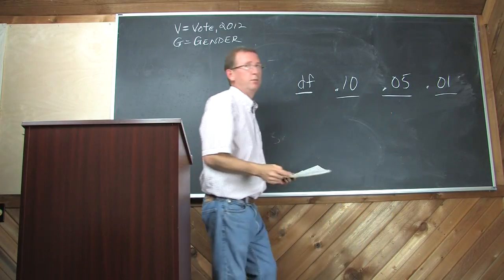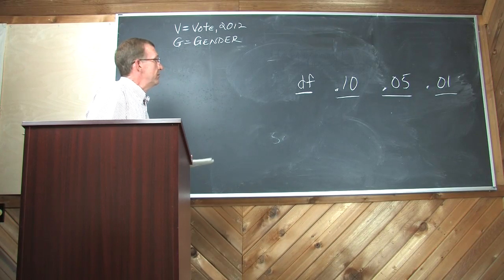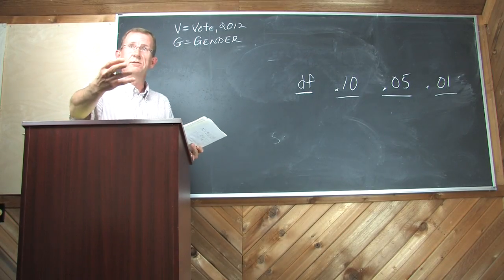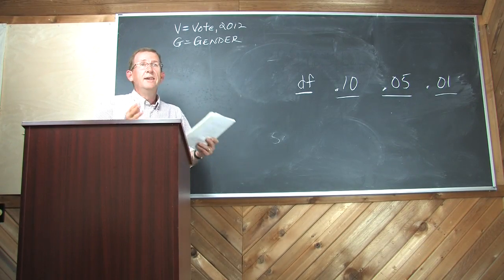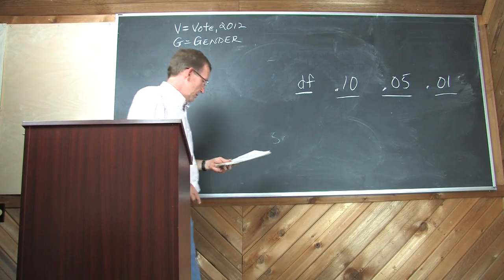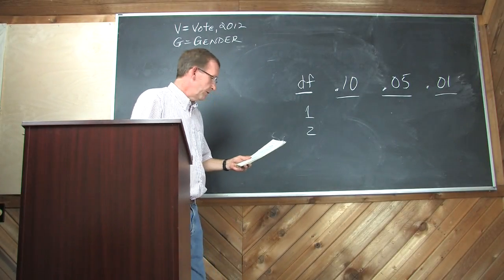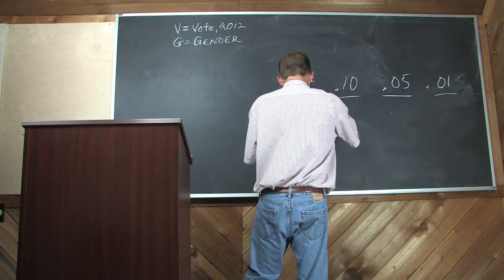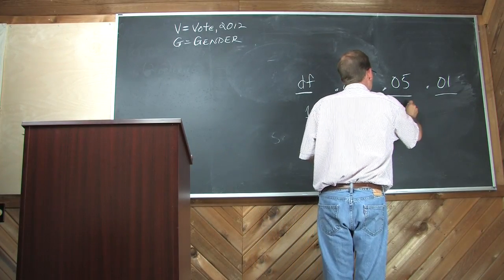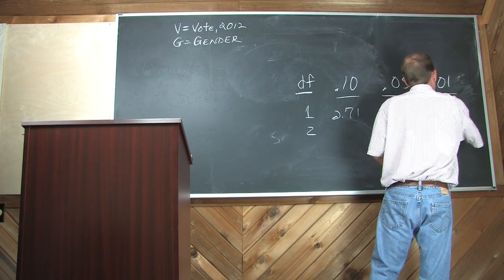Seen that kind of 4.05, the traditional rule of thumb way to say something is statistically significant, that we are going to avoid doing ourselves and yet recognize as part of normal social science. I'm going to have degrees of freedom this way, 2.71, 0.84, and 6.63.